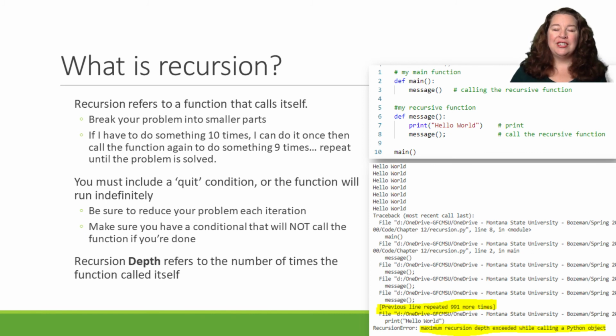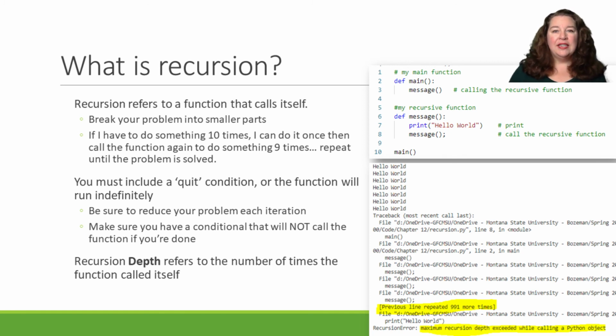But if you wanted to sort your entire deck of 52 cards, you could break it down into 26 cards, then break it down into 13 cards, then break it down into 7 cards, then break it down into 4 cards, then break it down into 2 cards, and finally look at the 2 cards and go, which one of these 2 goes first? Cool. Now go back and do that to the rest of the deck, the other pieces that I've broken down.